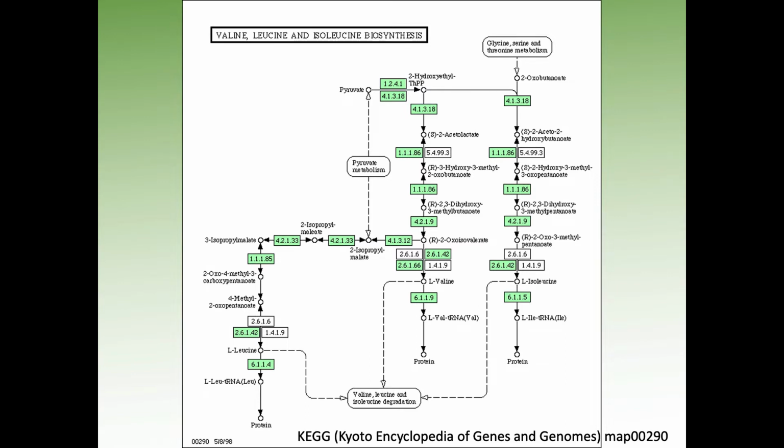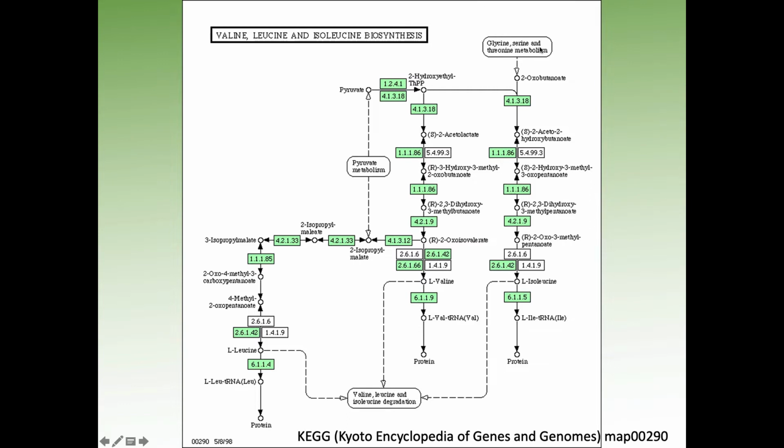How those enzyme activities can be applied can be viewed here in this KEGG map. KEGG stands for the Kyoto Encyclopedia of Genes and Genomes, and this map is of valine, leucine, and isoleucine biosynthesis. You can see that along this process we can start at various places.